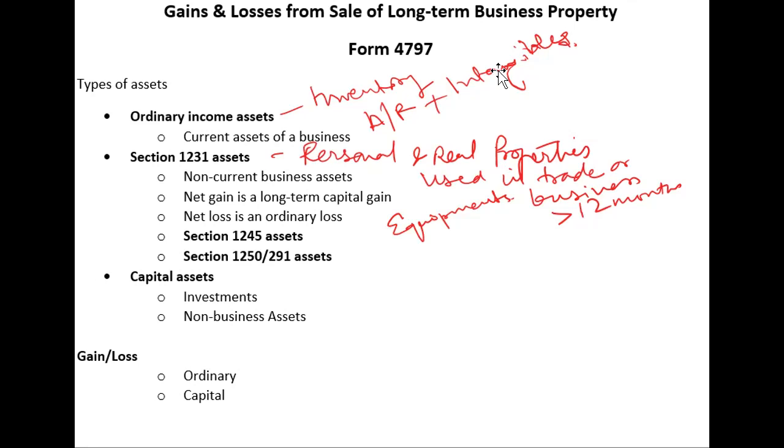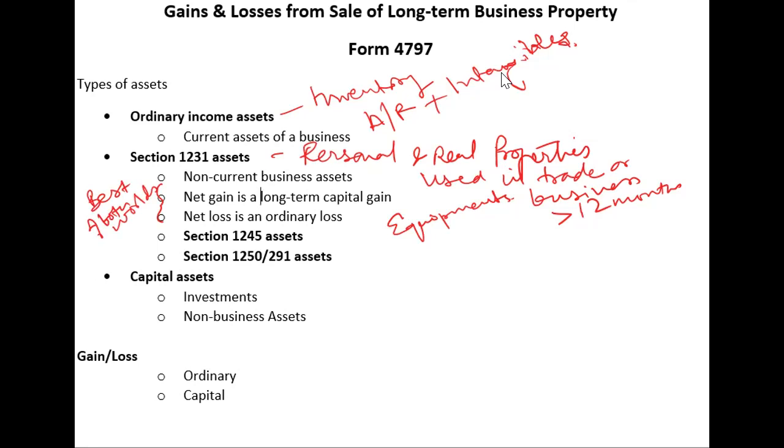If they are held for over 1 year, then net gain is long-term capital gain and net loss is ordinary loss. So these are the best of both worlds. You're getting a gain as a long-term capital gain and loss as an ordinary loss.